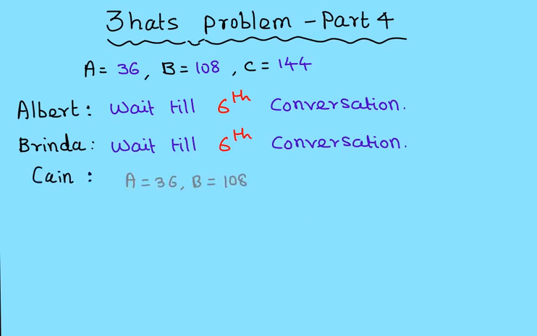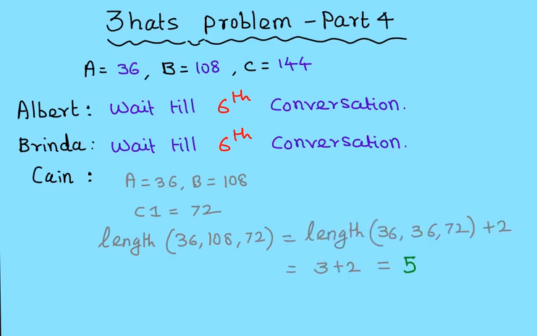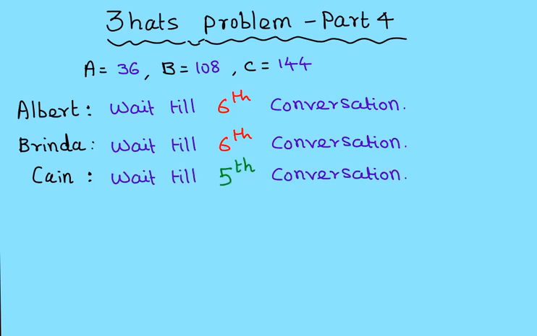Now Kane sees A equal to 36, B equal to 108. So C1 is equal to the absolute value of A minus B, which is 108 minus 36, that is 72. So he calculates length of A B C1, which is length of 36, 108, 72. Calculating this in a similar way, we get 5. So Kane waits till the 5th conversation.